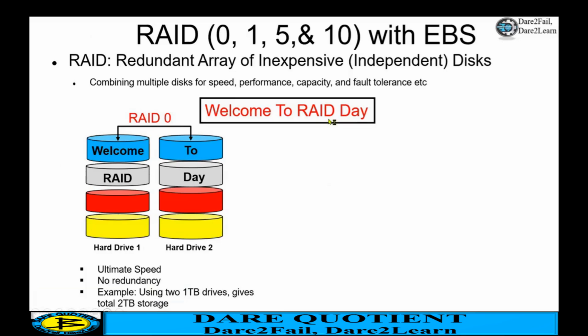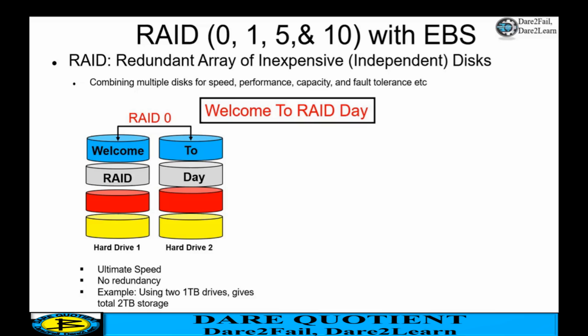Some configurations of EBS volumes. We have things such as RAID, which stands for Redundant Array of Inexpensive or Independent Disks. These are just different ways in which EBS volumes are put together to achieve different aspects, such as performance, capacity, speed, and redundancy.